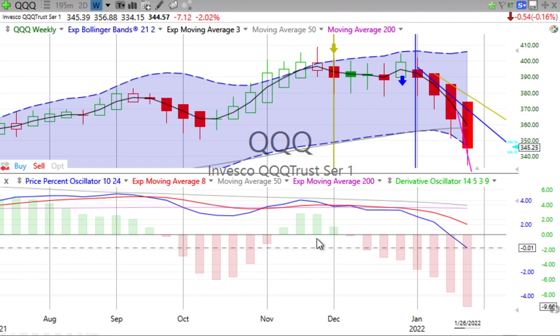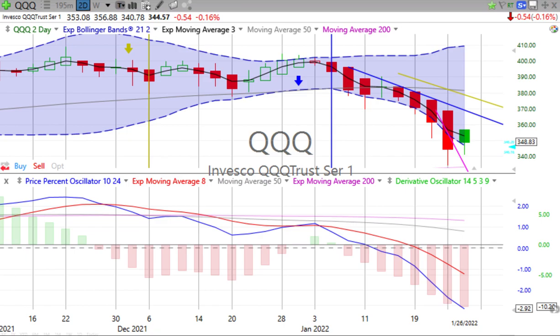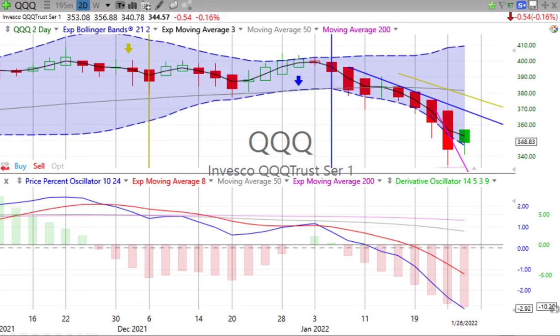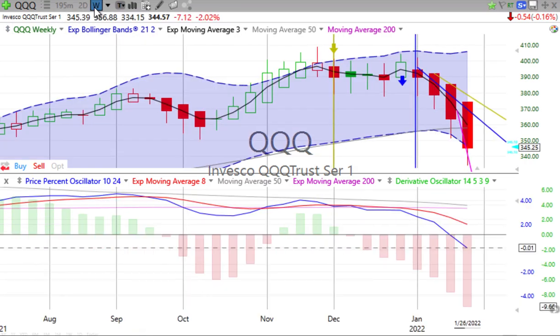So again, those of you who jumped into a short position with our 2-day crossover, what we call a recross, going down, have done quite well on the Qs and on the S&P 500. It was quite beautiful. Has been, still is.